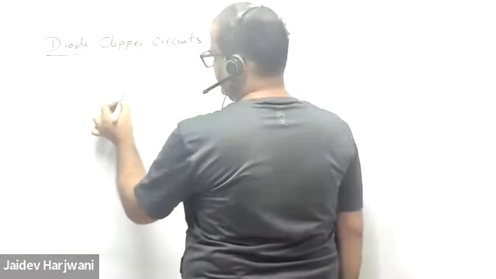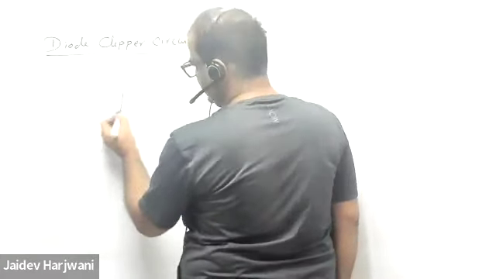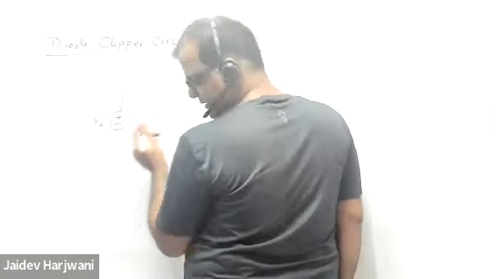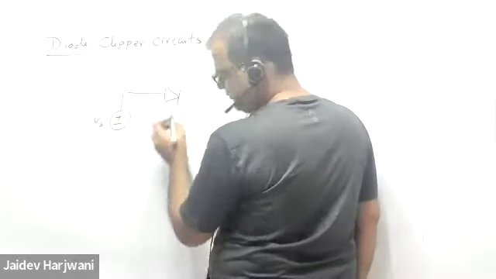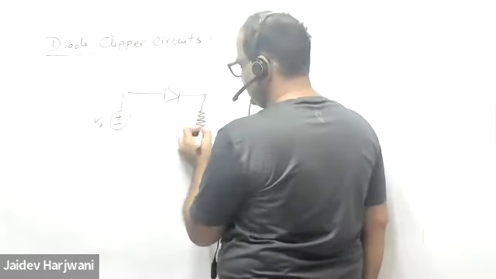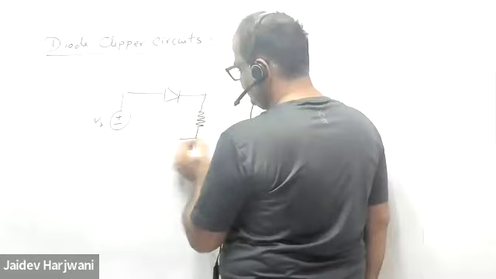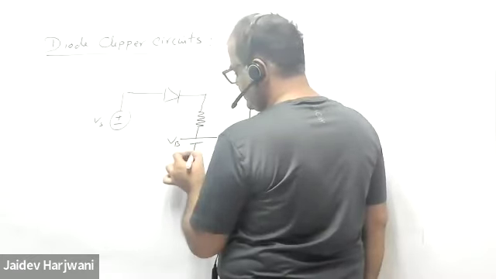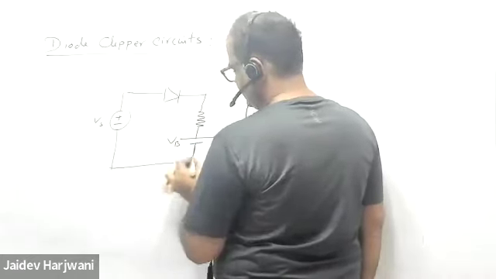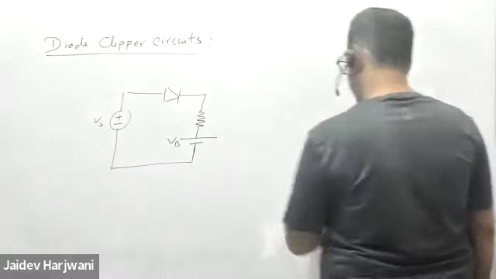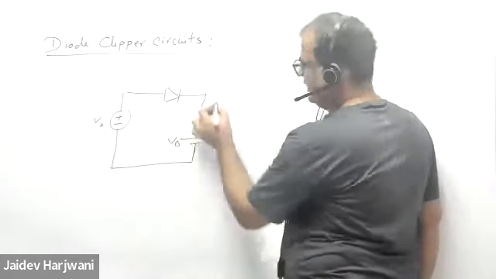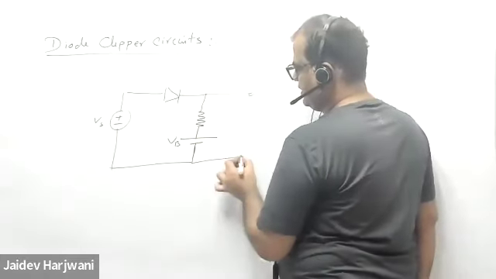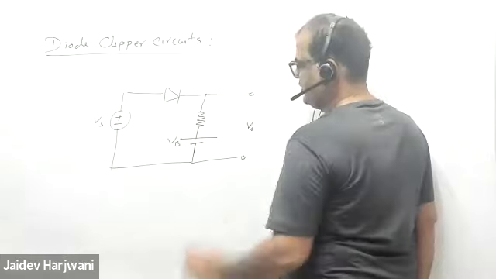Say I have one here, say this is my VS, this is my diode, this is R, and this is voltage VB here, and this is my V naught here.